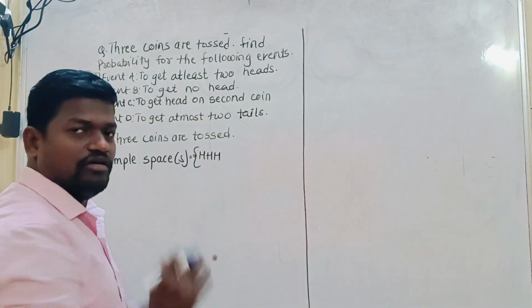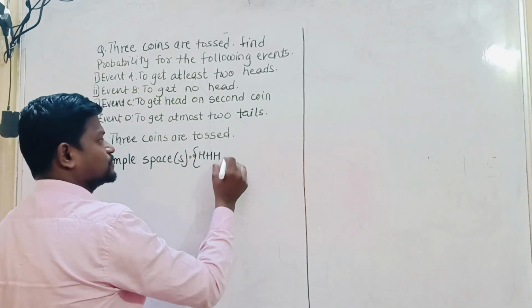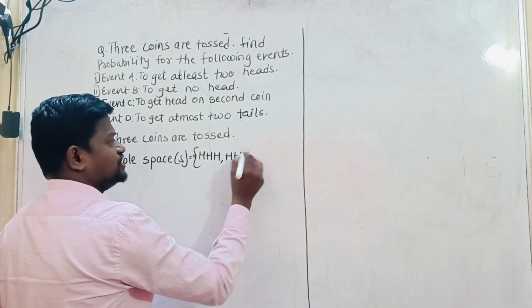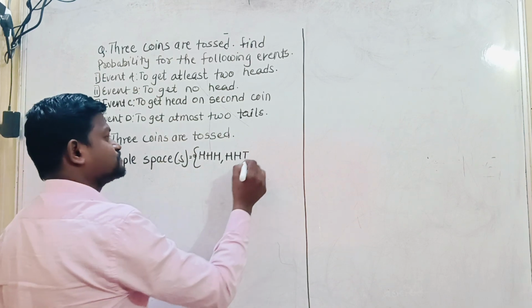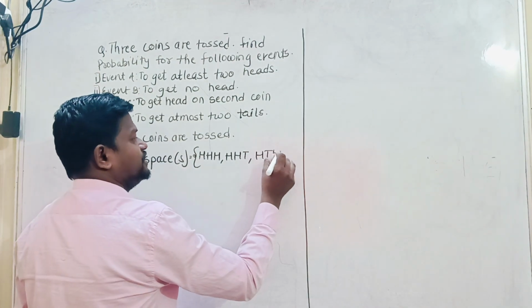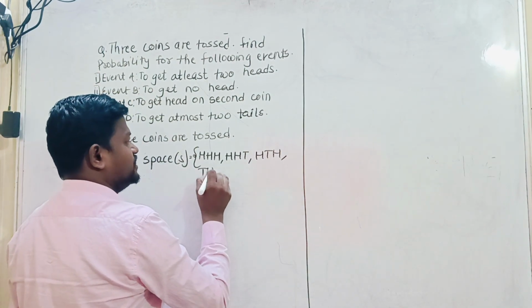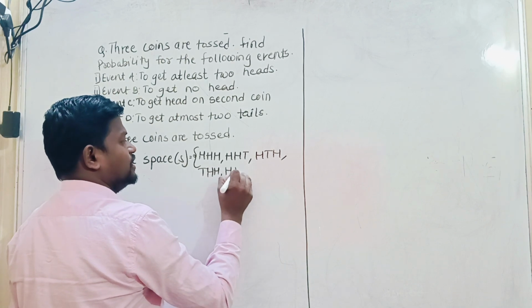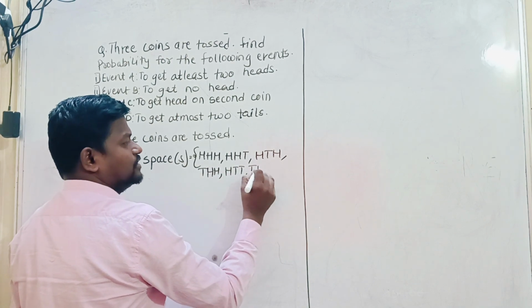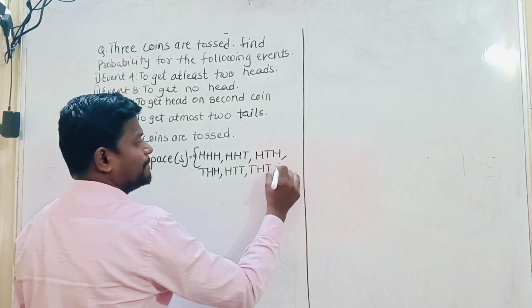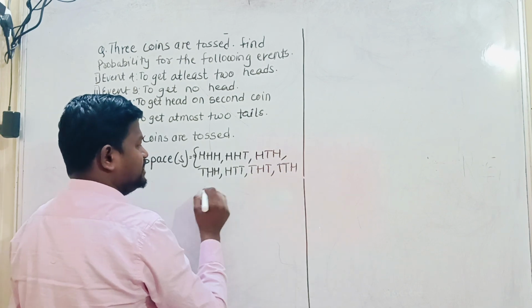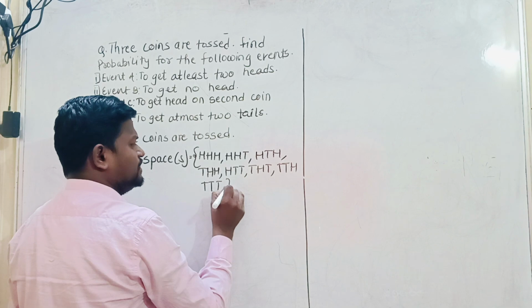So this is our sample space: HHH, HHT, HTH, THH, HTT, THT, TTH and TTT.